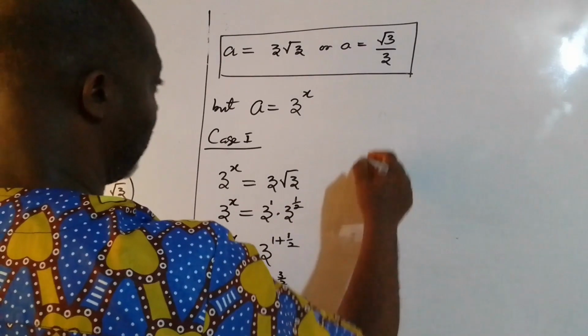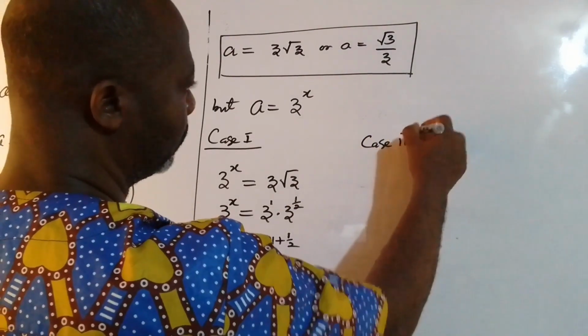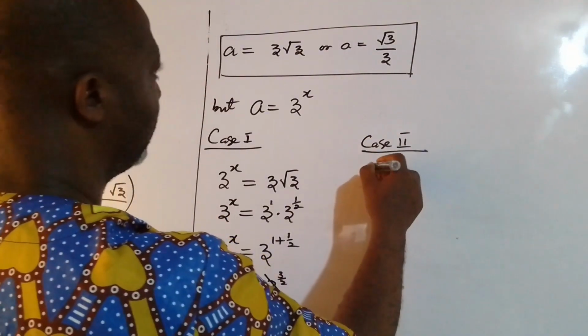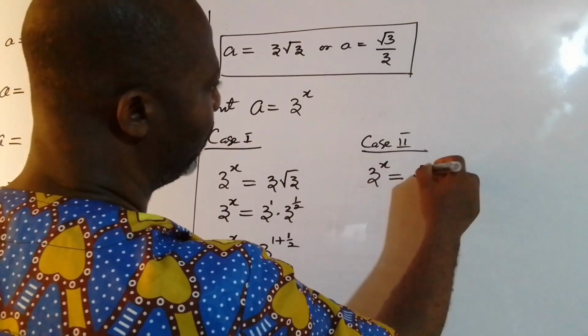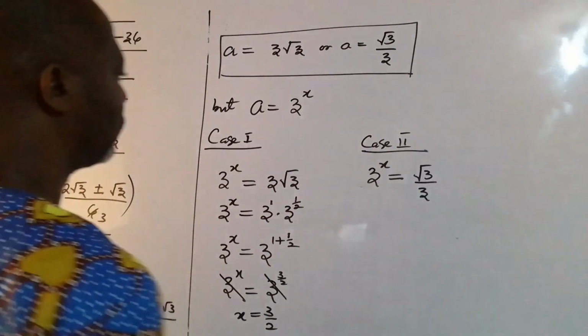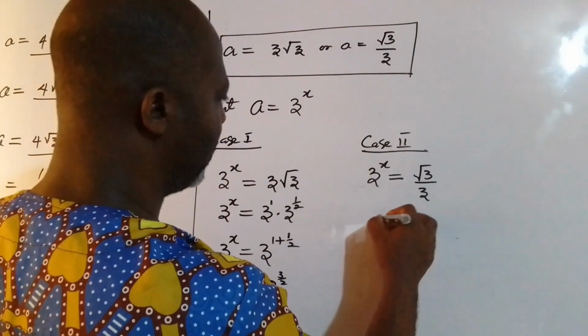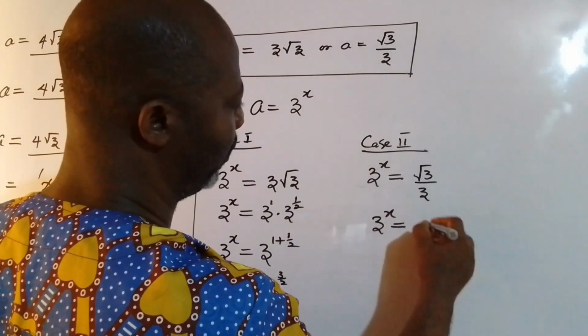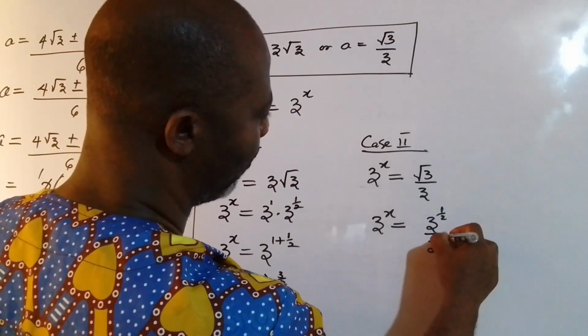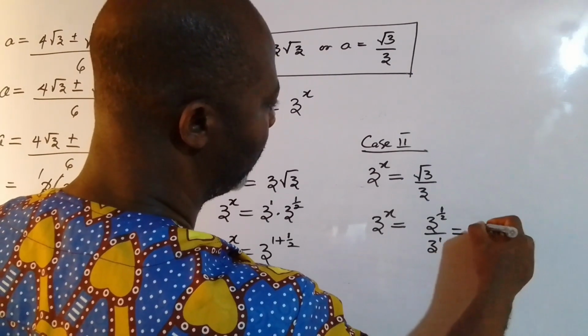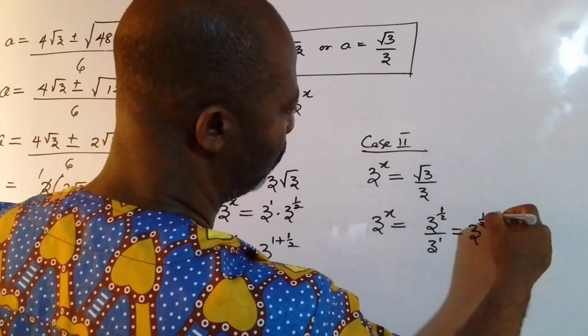So for the second case, that's case 2, we have 3 to the power of x equal to root 3 all over 3. This is the same thing as saying 3 to the power of x equals 3 to the power of half over 3 to the power of 1, which will become 3 to the power of 1 over 2 minus 1.